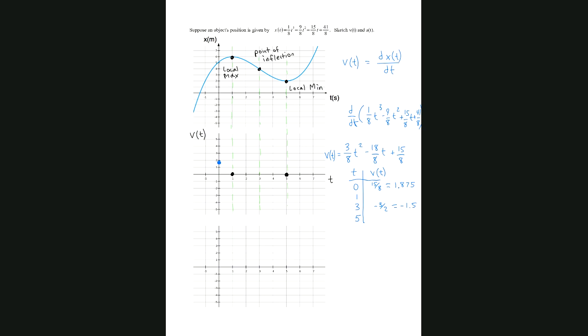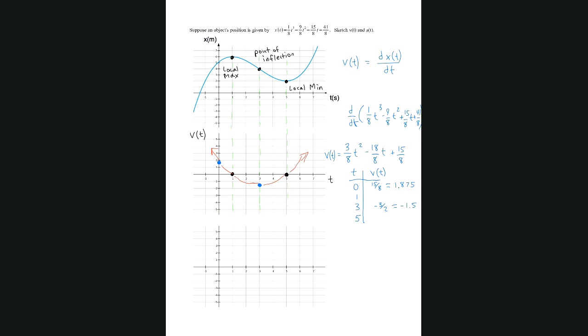Let's plot that point. Okay. I think that we have more than enough points now to complete the curve. And so let's go ahead and draw that. Okay, nice. That's our velocity function.